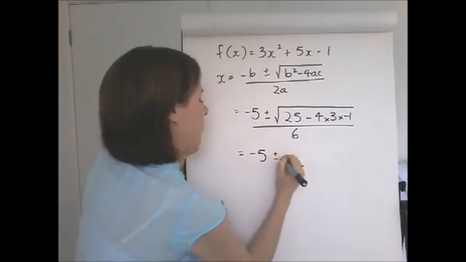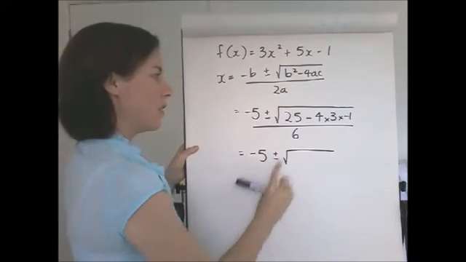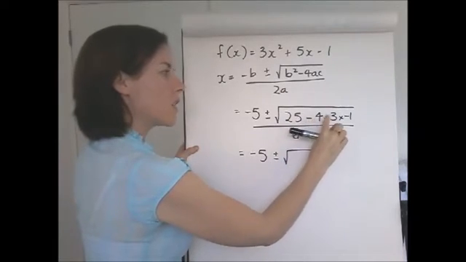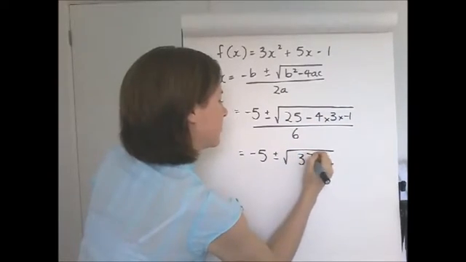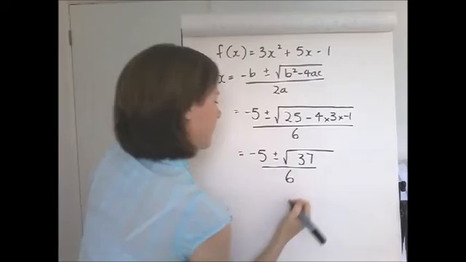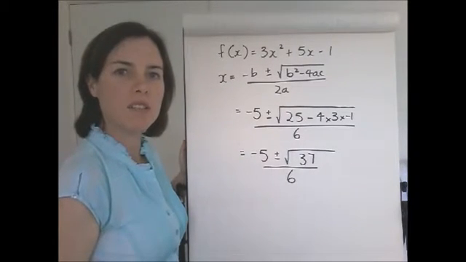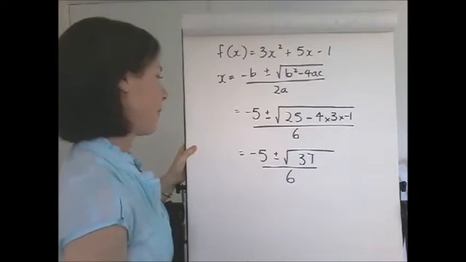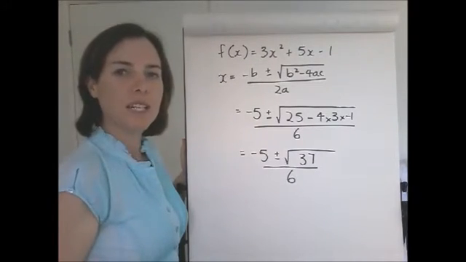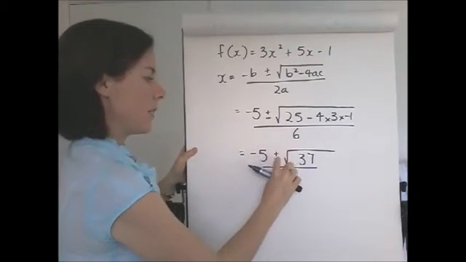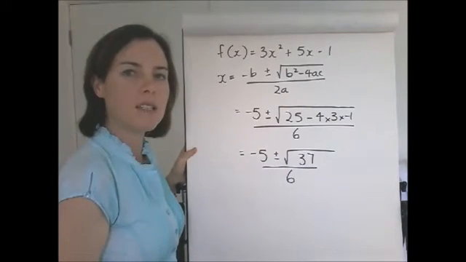Negative 5 plus or minus square root of 25 plus 12, which is 37. So negative 5 plus root 37 over 6. They are my two x-intercepts, one using the plus, the other using the minus.